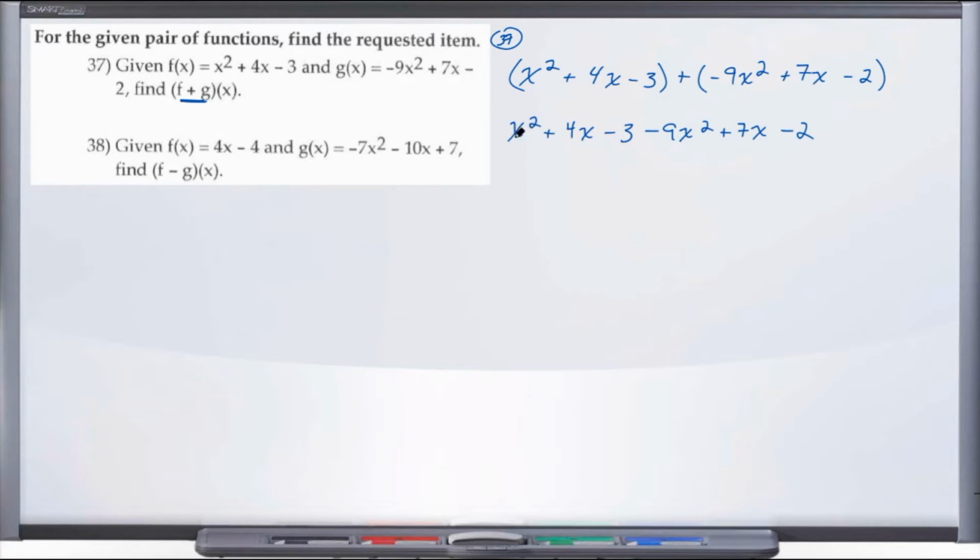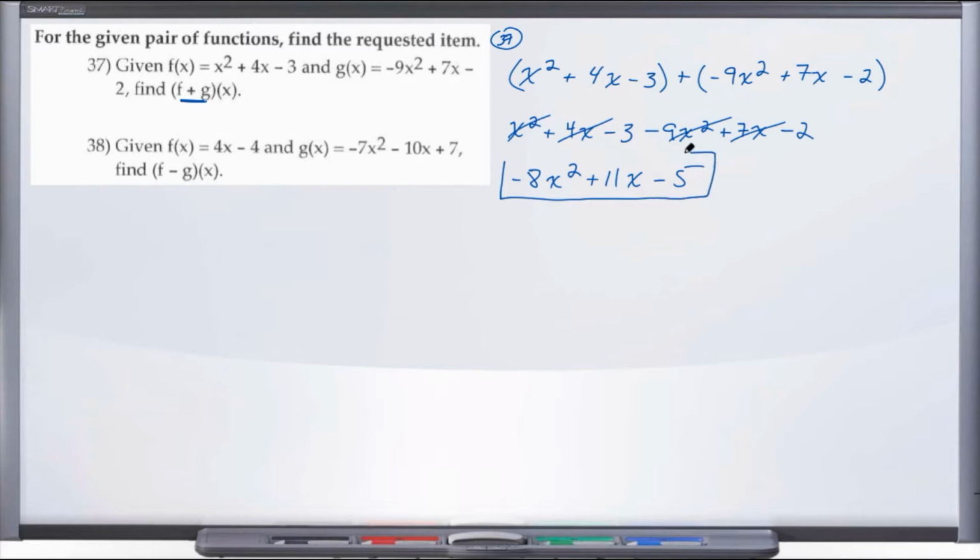Well, we have a positive x squared minus 9x squared, so that's going to be minus 8x squared, and we'll get rid of those terms so we don't mistakenly reuse them. And then we have a 4x and a 7x, so that's going to be a plus 11x. Get rid of those. And then we have a negative 3 and a minus 2, so minus 5.